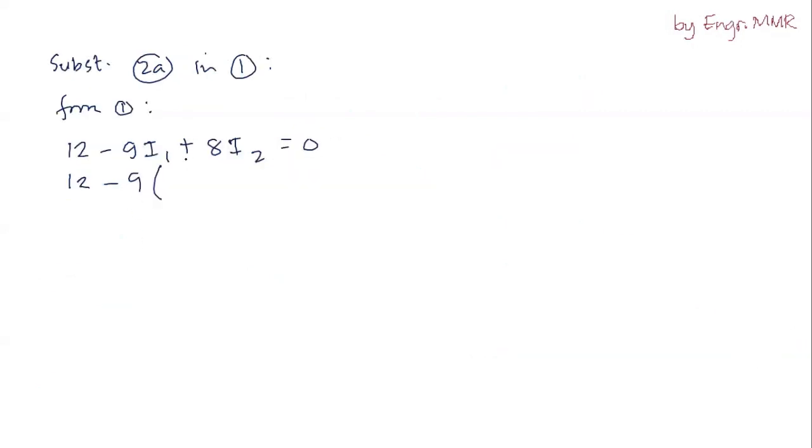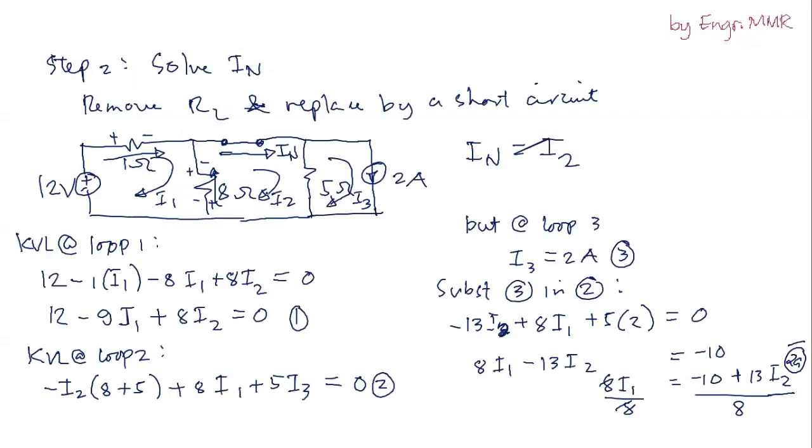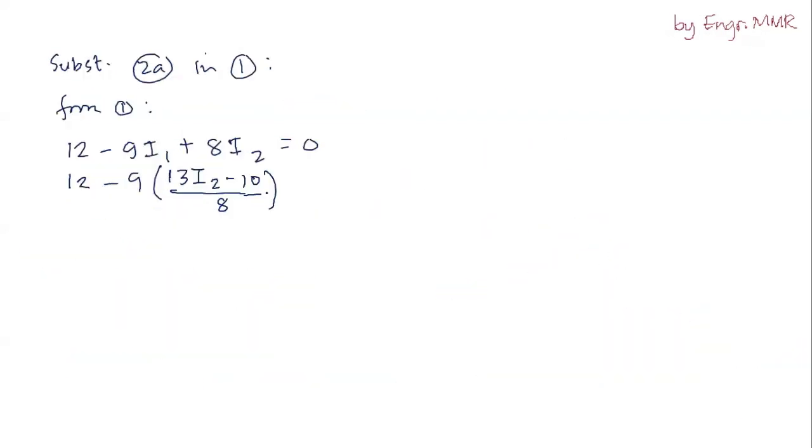So this is 13 I2 minus 10 over 8. Let's check if that is correct. 13 I2 minus 10 over 8. Okay, correct. And then plus 8 I2 equals 0.